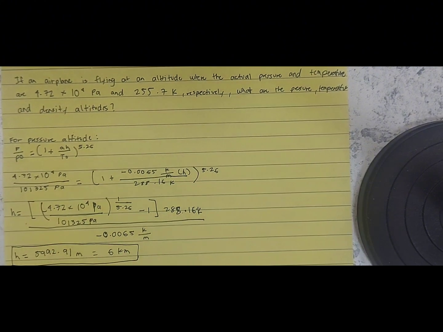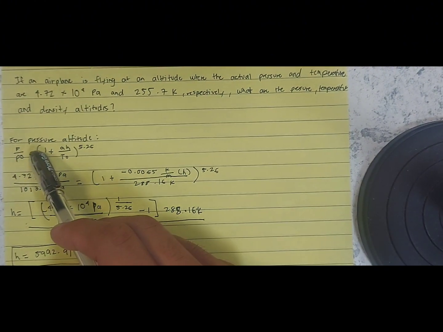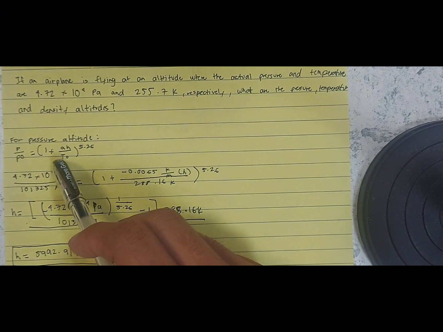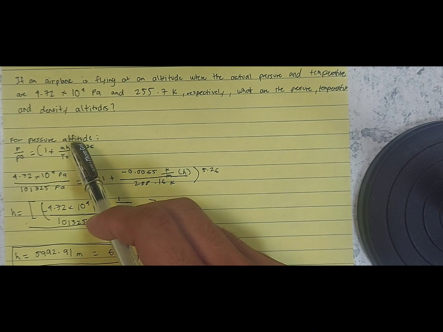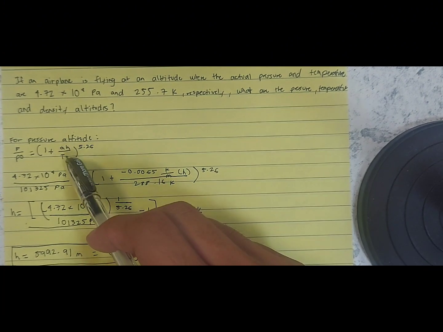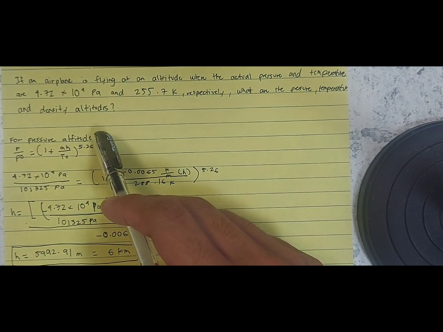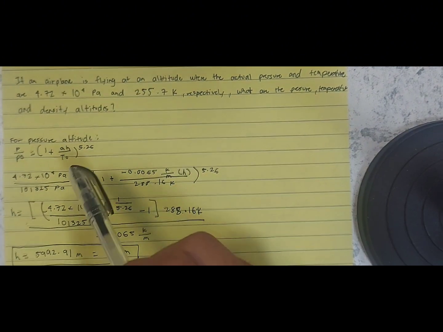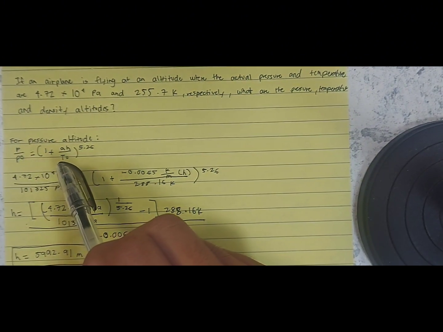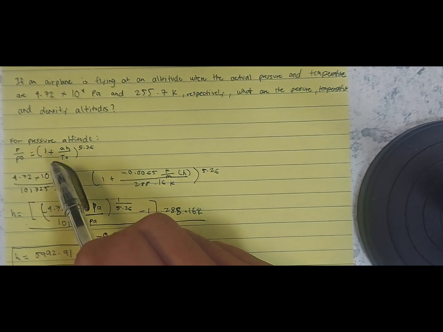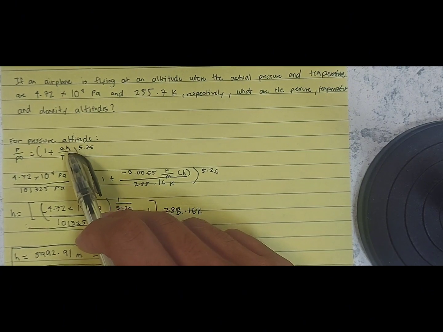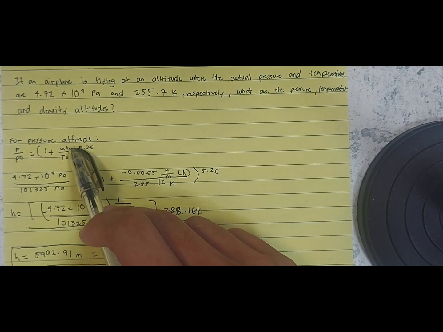So yung formula is P over P sub 0 is equals to 1 plus alpha h over T sub 0 raised to 5.26. So, lahat naman ng parameters are given maliban sa pressure altitude. So, ito yung pagtutuunan na natin ng pansin, itong h.